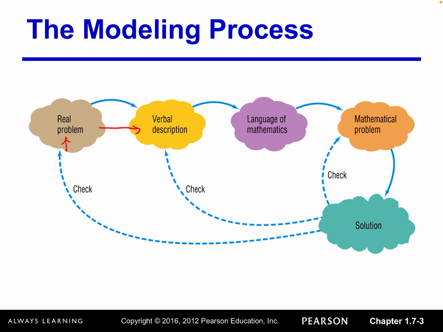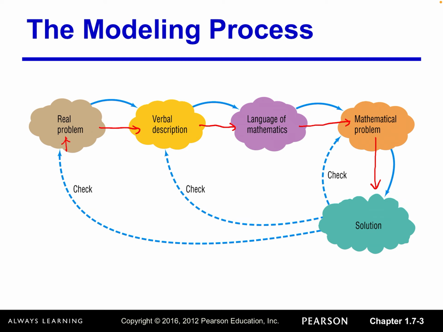After we're able to verbally describe the problem, we need to use mathematical language to represent it, and then we can set up a mathematical model. Then we solve that mathematical problem to get a solution. That's the general process, but it's not done yet.